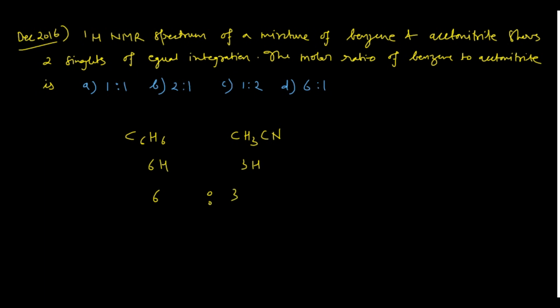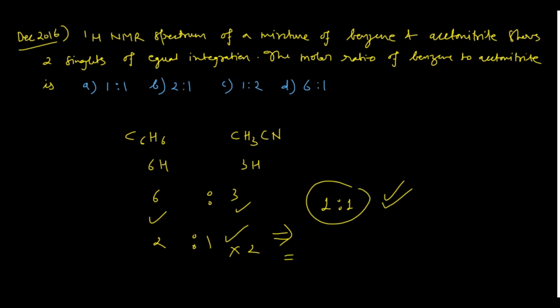That means the intensity of the peaks would be in the ratio of 6 to 3, or you can write 2:1. This should be the ratio, but the question itself says that the ratio is 1:1. So if you want to make this ratio 1:1, you have to multiply this one with 2.